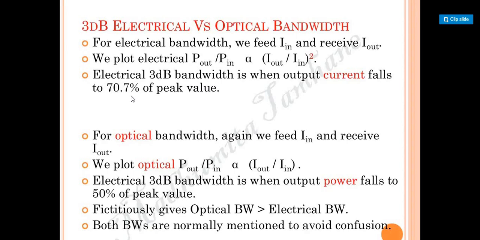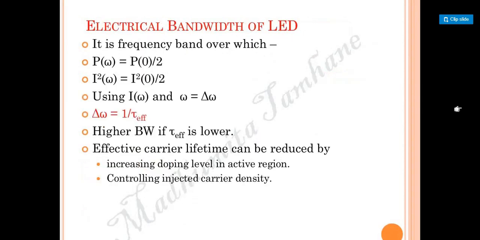For the electrical 3 dB bandwidth, the current falls to 70.7%. What about optical? In optical, the power falls to 50% of the peak value. That is the difference between the two bandwidths. Here we have fictitiously given an optical bandwidth much greater than the electrical bandwidth. Both bandwidths are normally mentioned to avoid confusion.